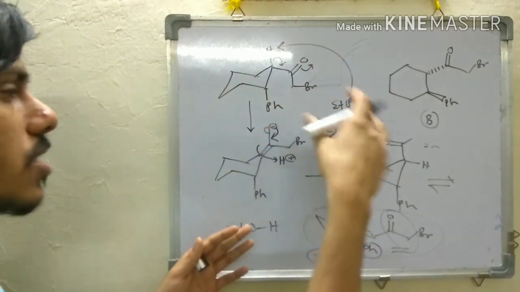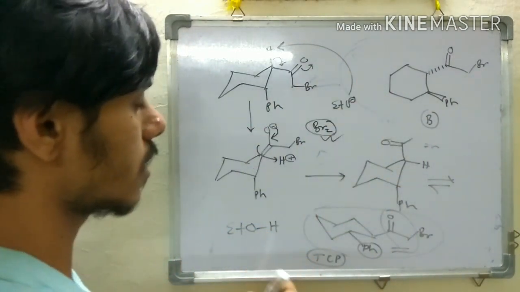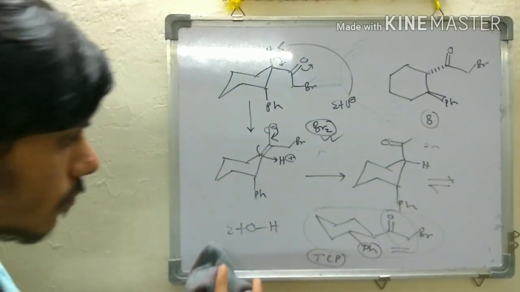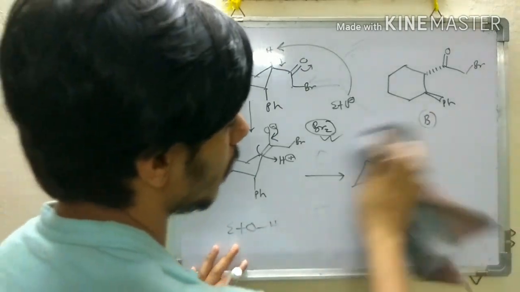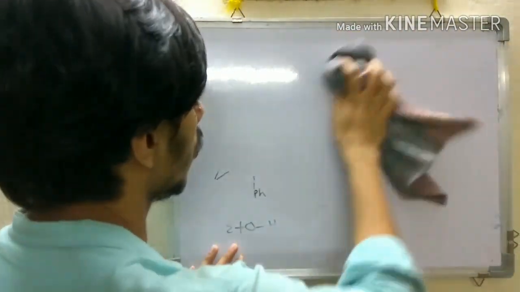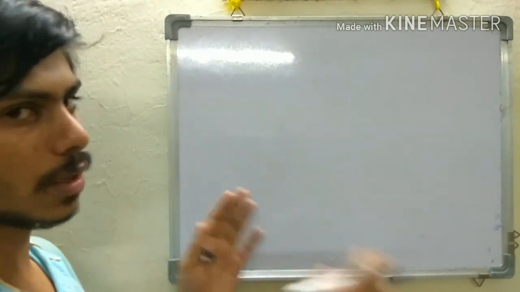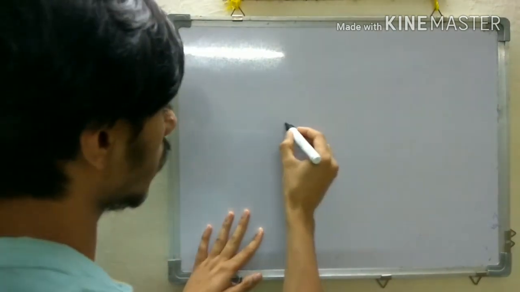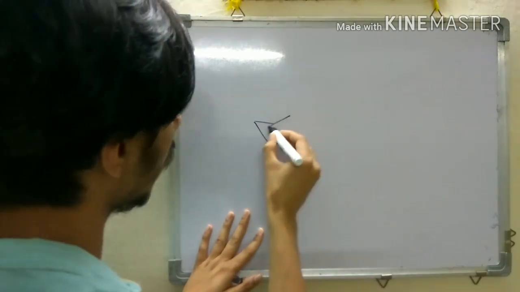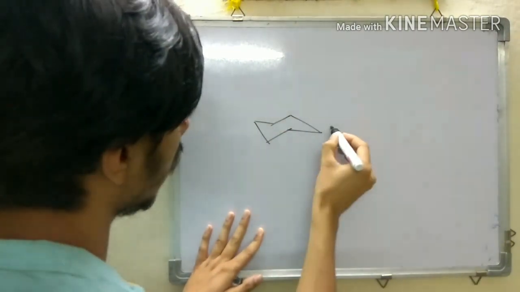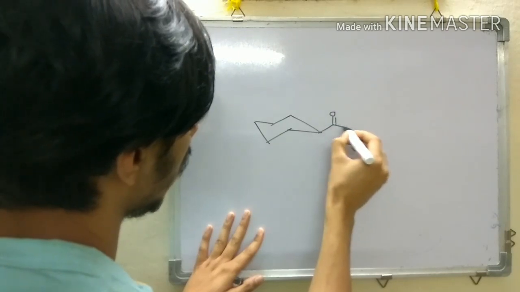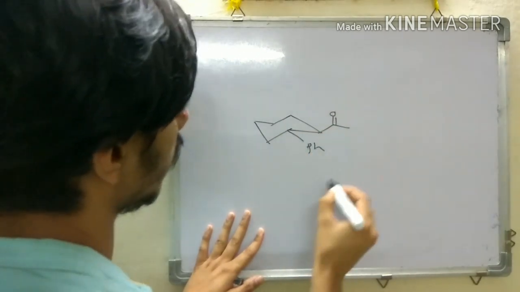So how is this cis trans isomerization taking place? In some place I wrote another intermediate which doesn't undergo bromination but only protonation deprotonation, and that was simply this one, right?